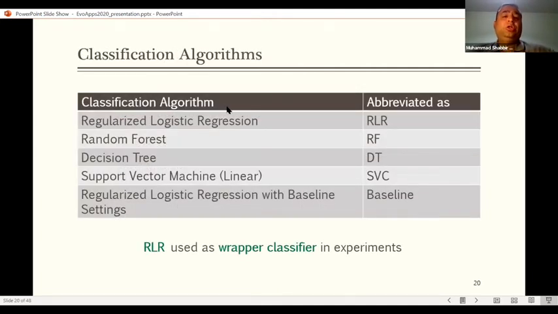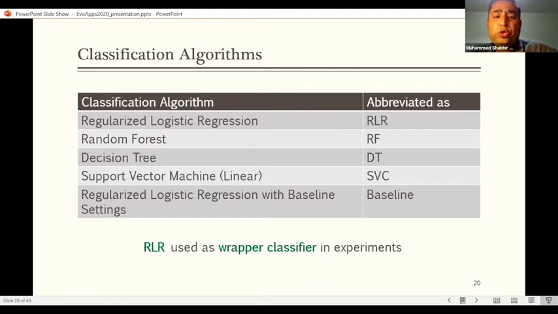On this slide, the details of the classification algorithms we used are given. We were consistent with regularized logistic regression as the wrapper classifier. All the experiments we ran used the same wrapper classifier, which is regularized logistic regression. And we didn't perform any sort of tuning of the classification algorithms.